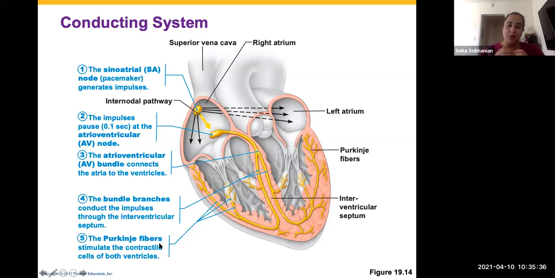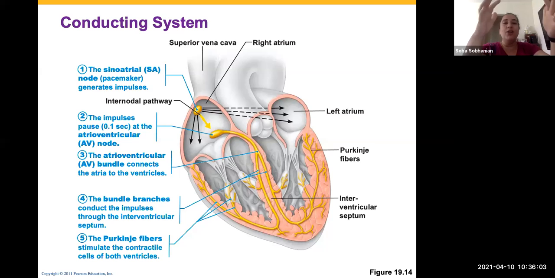So going back to this whole concept, this is something that sometimes doesn't click for people. If I say, what sets the rhythm of the heart? Which of these structures sets the rhythm of the heart, guys? The SA node, correct.